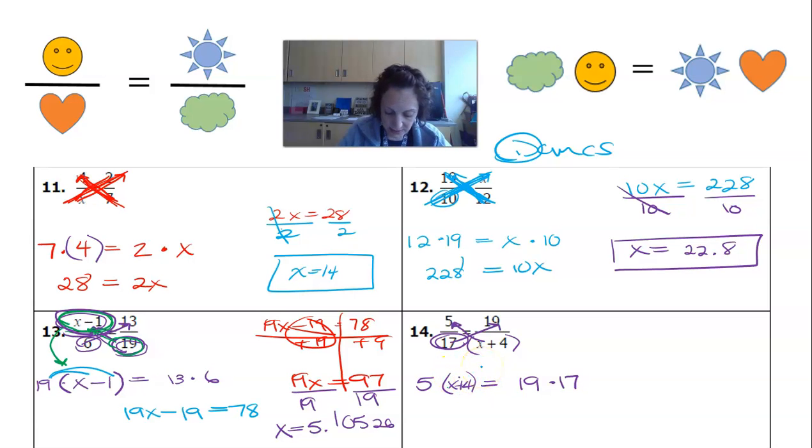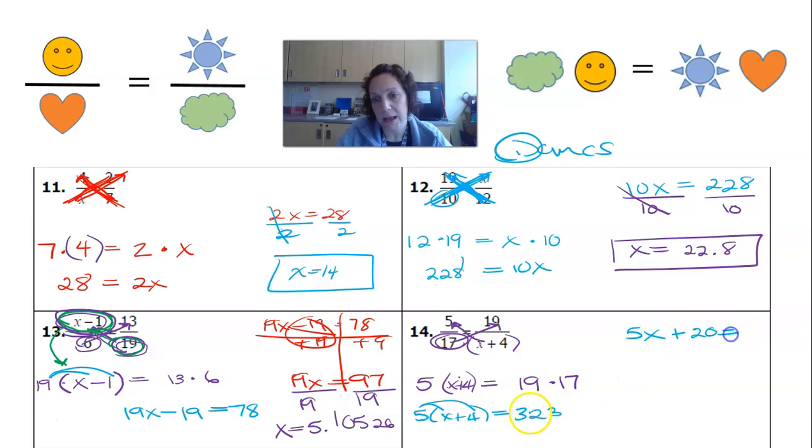Let's do 19 times 17 right now just to get it over with. 323. Okay, so I have 5 times x plus 4 in parentheses equals 323. So let's distribute, shall we? 5 times x is 5x. 5 times 4 is 20, so I just do my plus 20, and 323 on the other side.